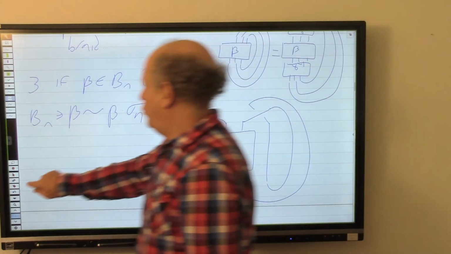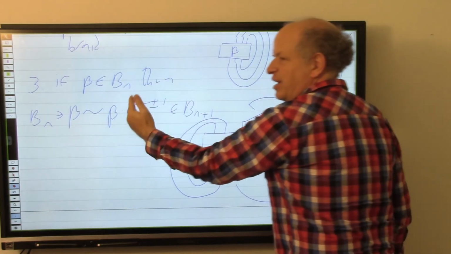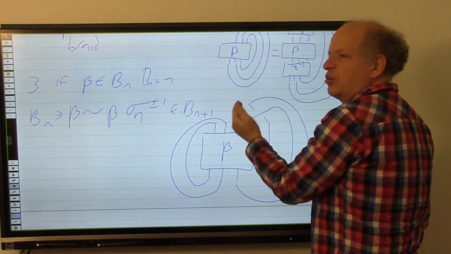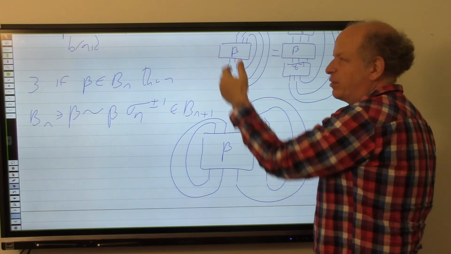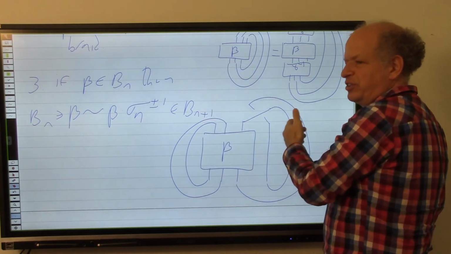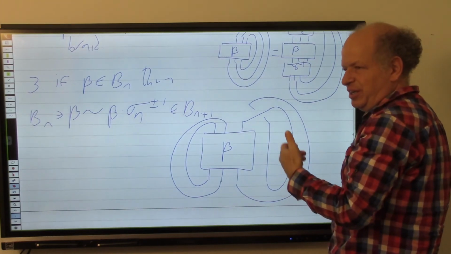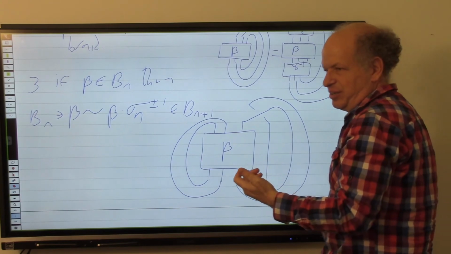Okay, so what I've shown you is that the three relations are in the kernel of A. So if two braids are related by any one of these three relations, then their closures are the same. The hard part is the other direction, right?